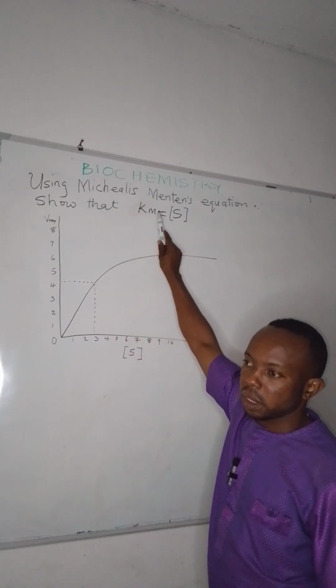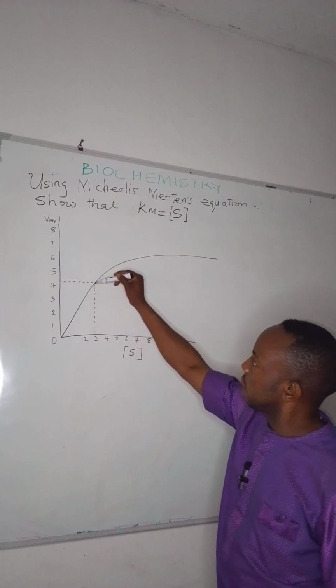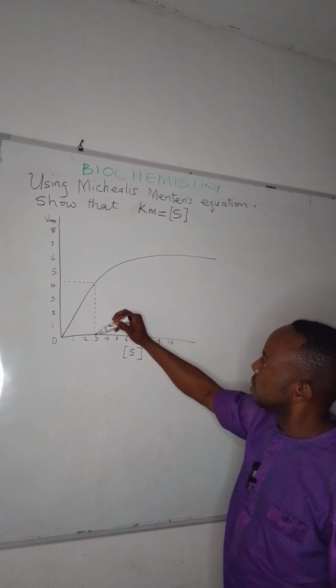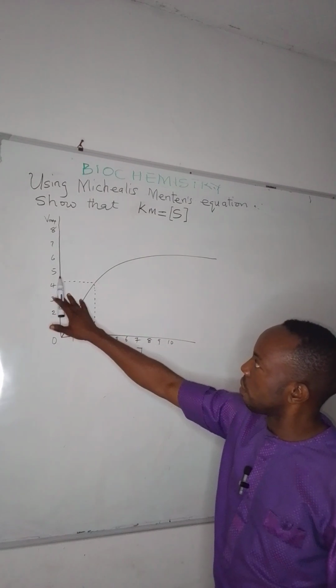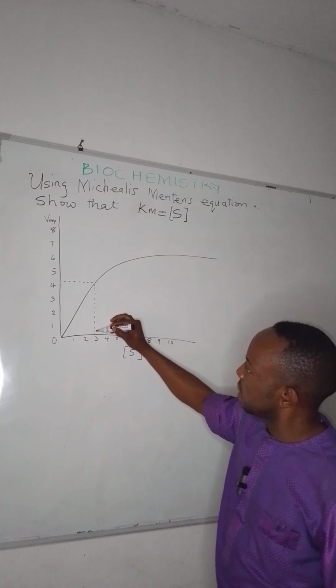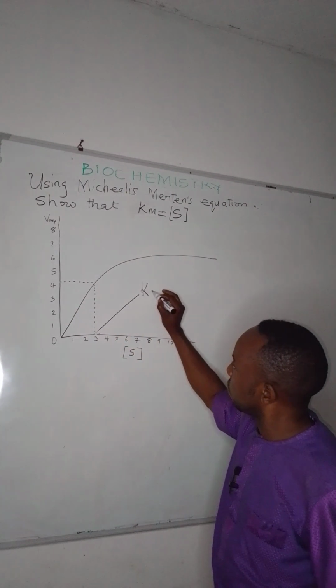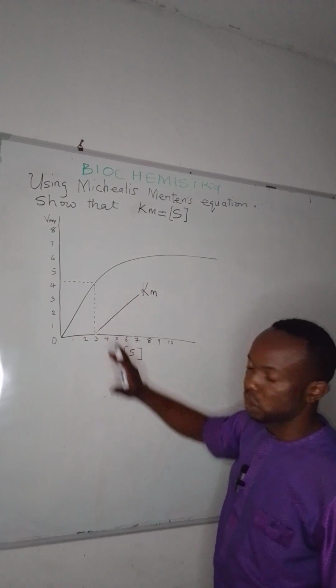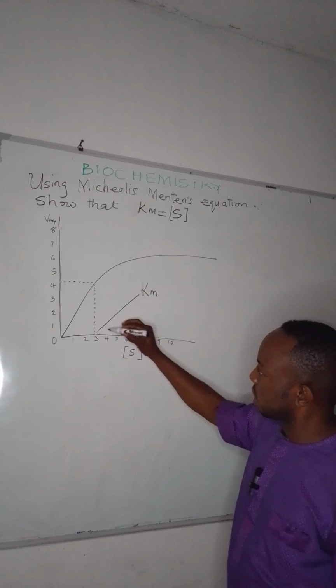That is the Michaelis constant. So if you trace this to here, you will see that this is where the substrate concentration matches with half of Vmax. That means that this is the Km of this reaction, according to this graph. So this is the Michaelis constant for this reaction.